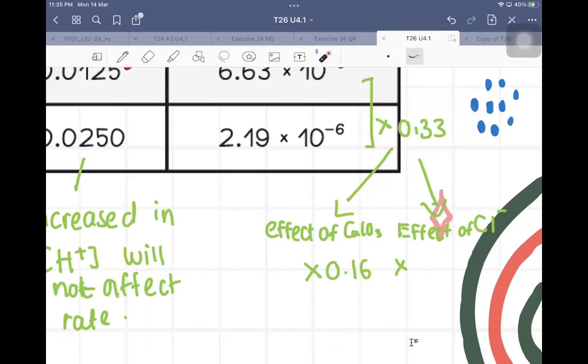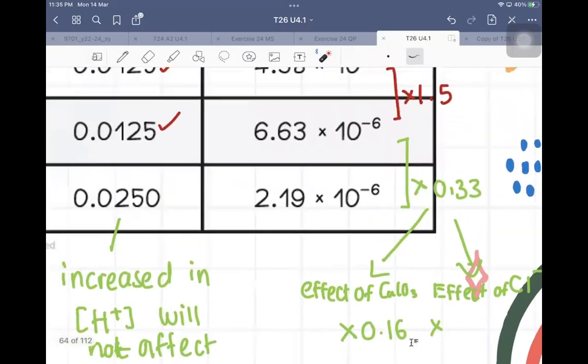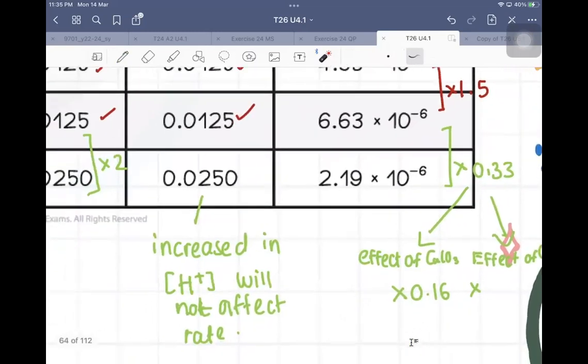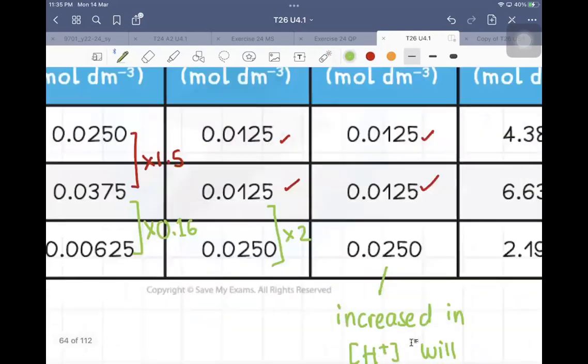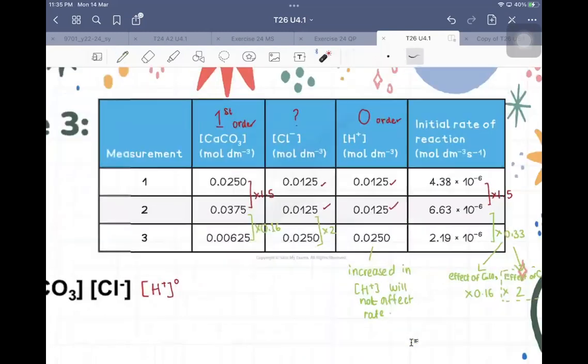So I need to take 0.16 out of the 0.33, okay? So that means 0.33 divided by 0.16 is 2 times 2. So times 2 is the effect of increasing the concentration of chloride by 2 as well.